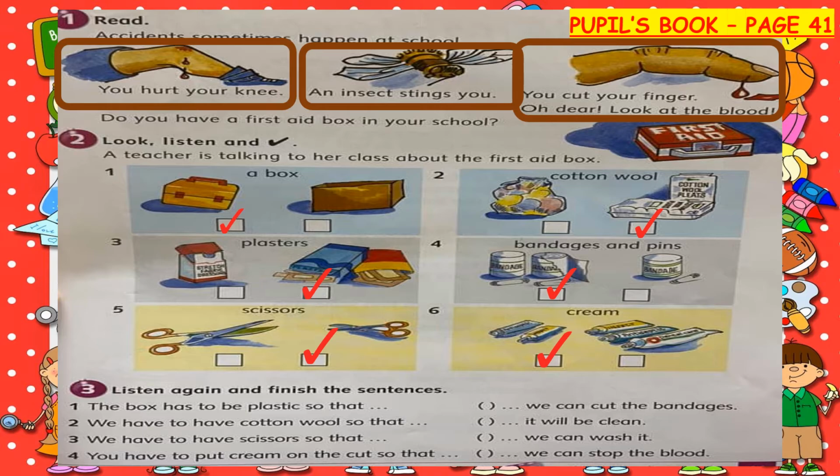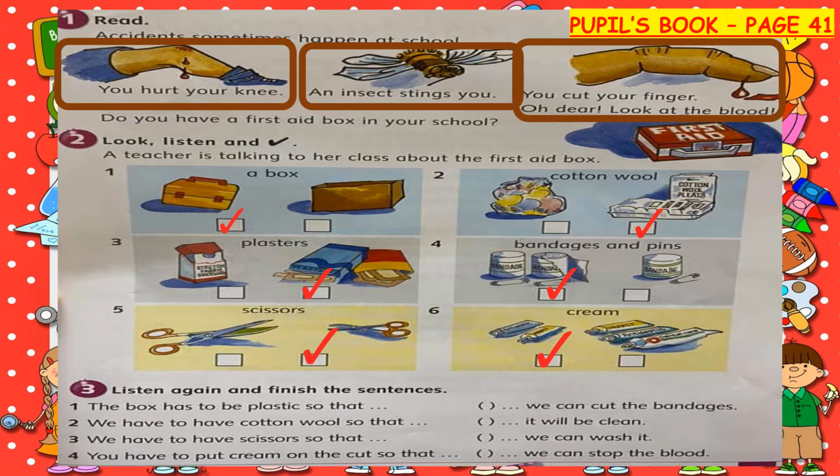Next, we have to put some plasters in the box. Let's have a packet of big plasters and a packet of smaller plasters. Do we have to have some bandages? Yes, we do. And we have to have some pins too. We have to put a pair of scissors in the box. Why? So that we can cut the bandages.